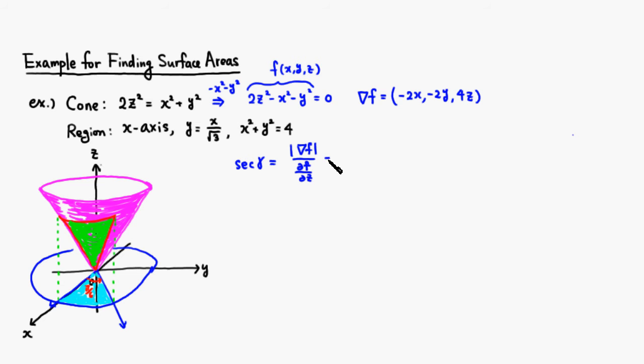Actually, we would like secant of gamma to be positive, so make sure that it's positive here. Just take the absolute value of everything. So the numerator is going to be square root of 4x squared plus 4y squared plus 16z squared, divided by the partial with respect to z, which is 4z.